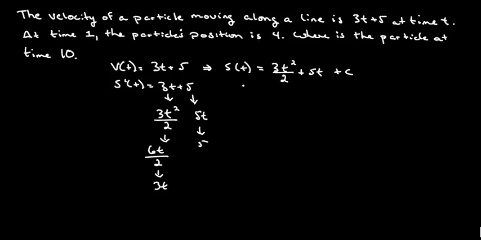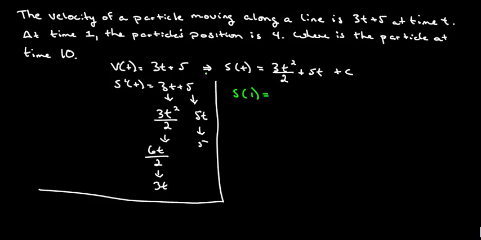What it says is that at time 1, the position should be equal to 4. That means this should be equal to 4. Now, that's at time 1, so let's plug in a 1 here: 3 times 1 squared over 2, plus 5 times 1, plus c. c is what I don't know, so we're going to solve this.